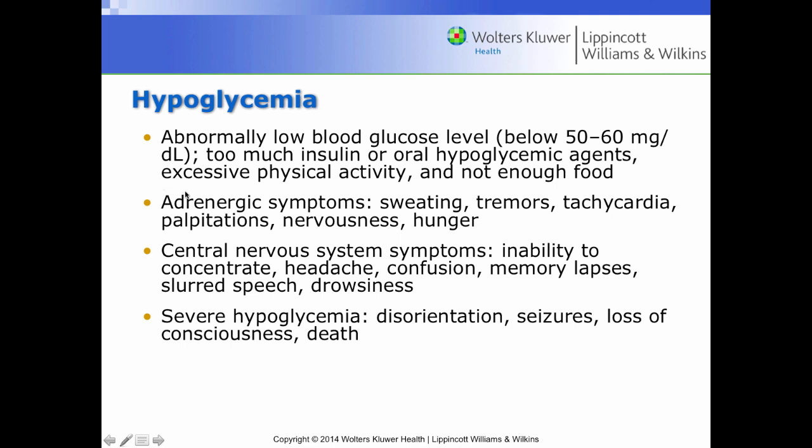So they completely skip the adrenergic phase, and the first signs of hypoglycemia become the central nervous system symptoms. This process is called hypoglycemia unawareness.